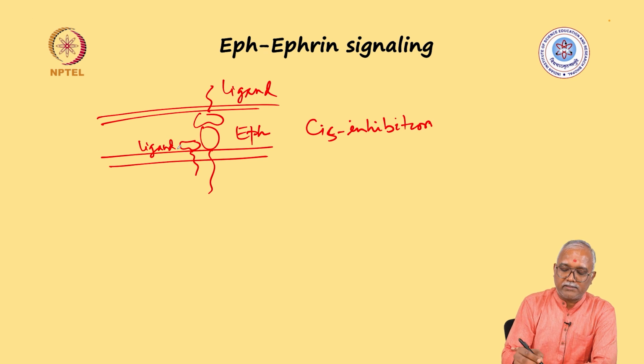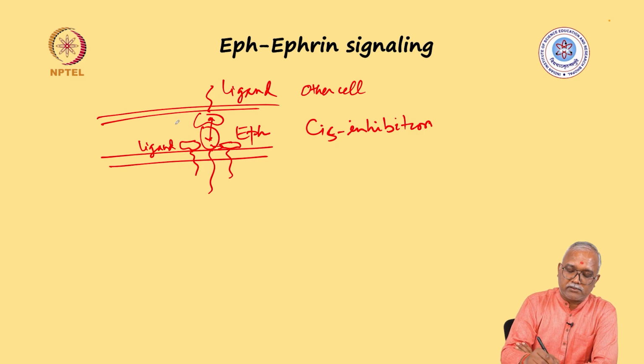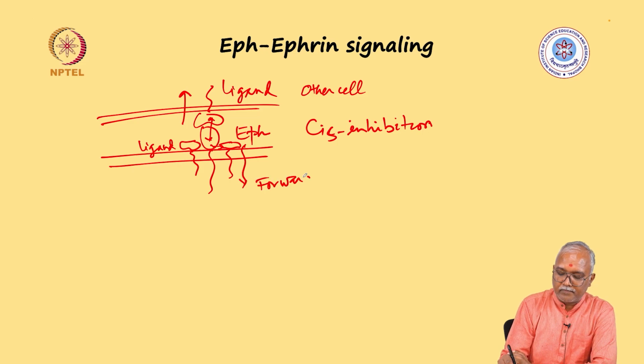So what you notice here is that this receptor is engaged in productive complex with the other cell, but presence of this ligand on the cis surface basically does not activate the receptor bearing cell. So basically in this scenario, the signaling happens in the reverse direction, but signaling does not happen in the forward direction, which is your cis inhibition event.